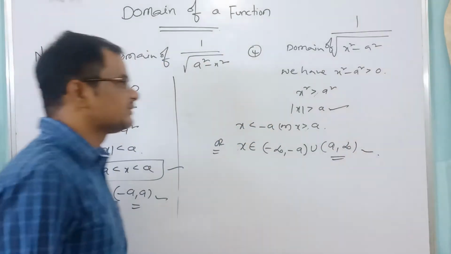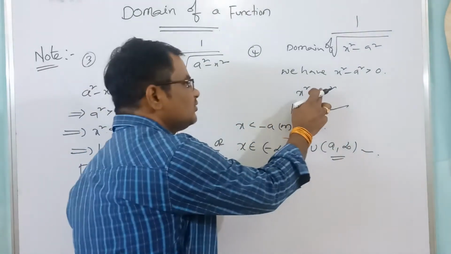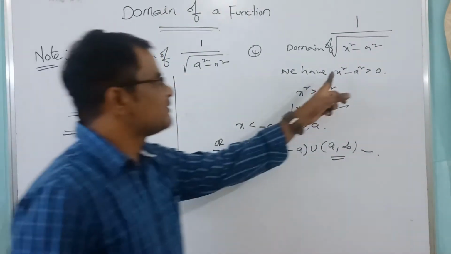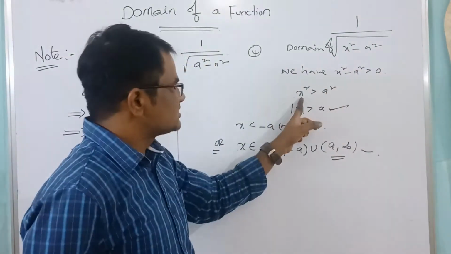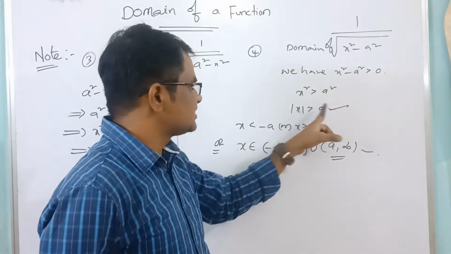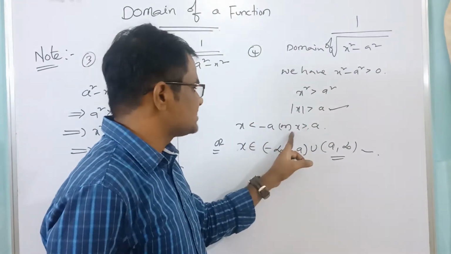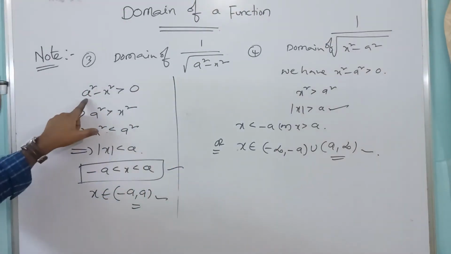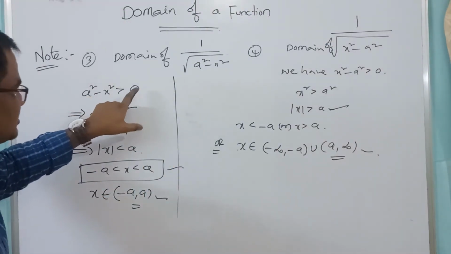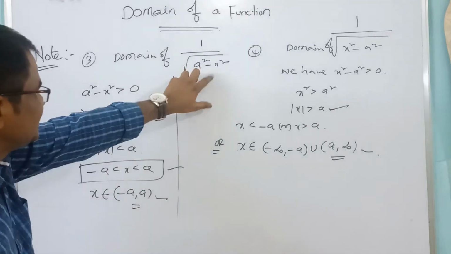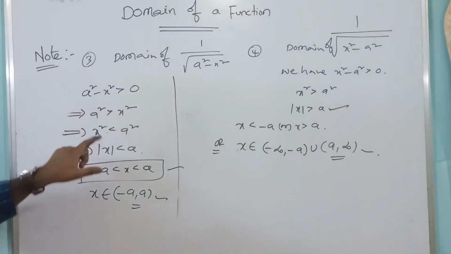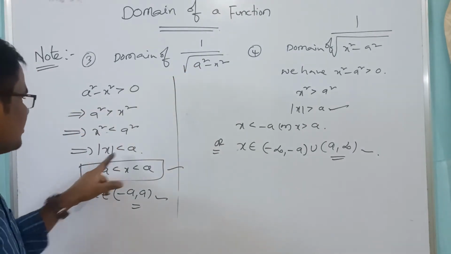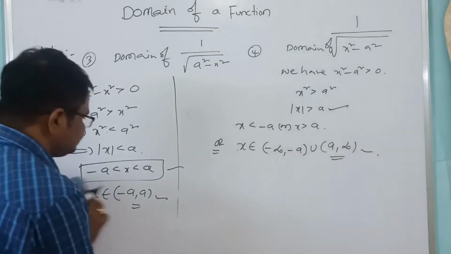Here equal to we can't take: x square minus a square greater than 0, x square greater than a square, mod x greater than a, x less than minus a or x greater than plus a. Now for the previous one also, a square minus x square is strictly greater than 0, not equal to 0, because it is in the denominator. A square greater than x square, mod x less than a.